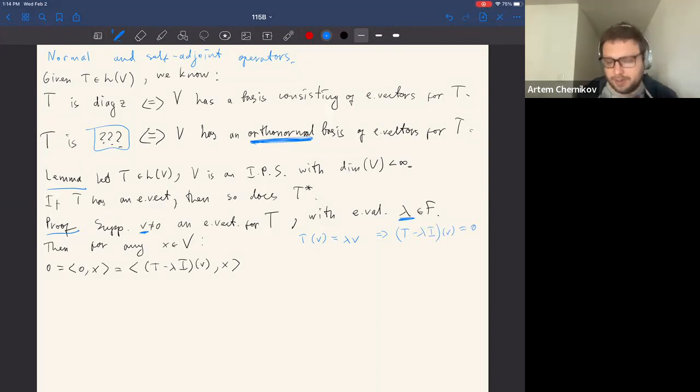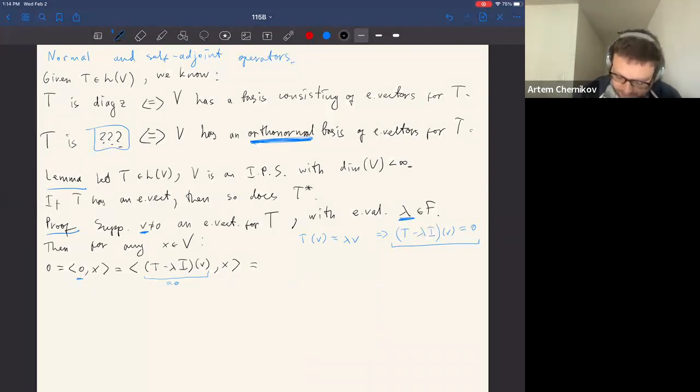It's just moving things around. So that's what I'm using here. So this 0, I can replace by this expression. So this is 0 by assumption, taking inner product of this with x. But now I use the property of adjoint.